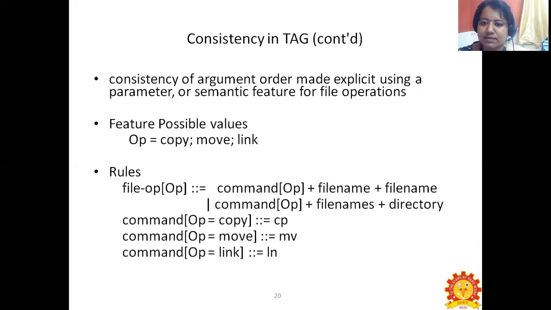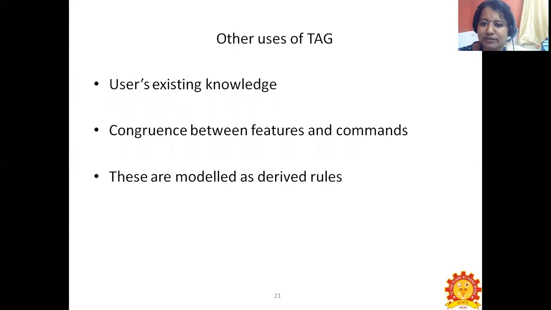Here we use OP equal to copy, move, and link. The other uses of TAG are the user's existing knowledge and congruence between the features and the commands. These are modeled as derived rules.